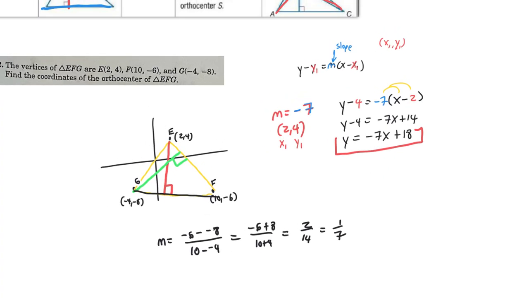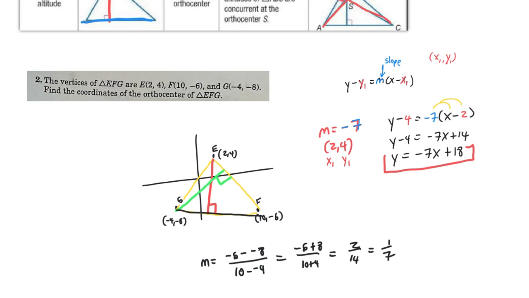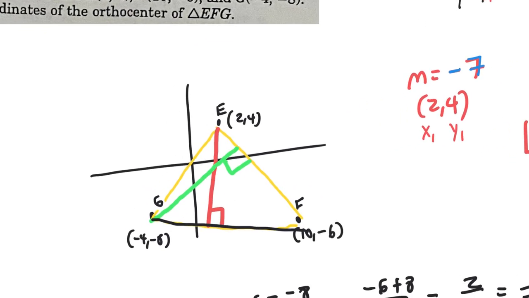Let's find the equation of the green altitude. Well, when it comes to the green altitude, let's look at it. Isn't that green altitude perpendicular to this purple line? Yeah. So doesn't that mean that the slope of the green altitude is the opposite reciprocal of the slope of the purple line? Yeah.